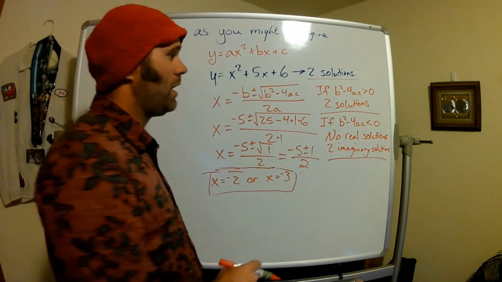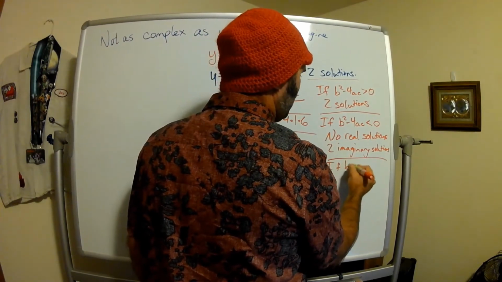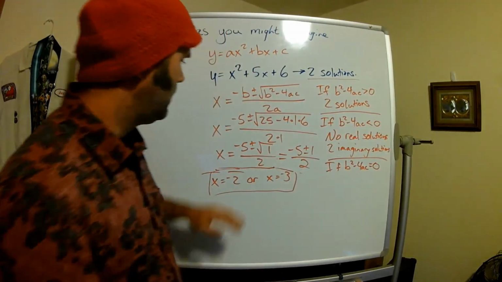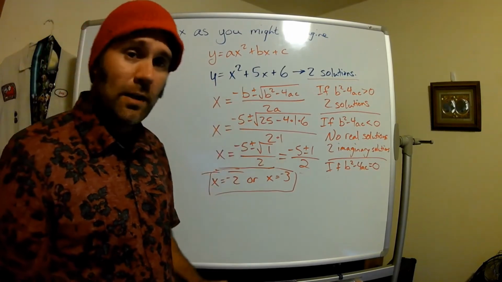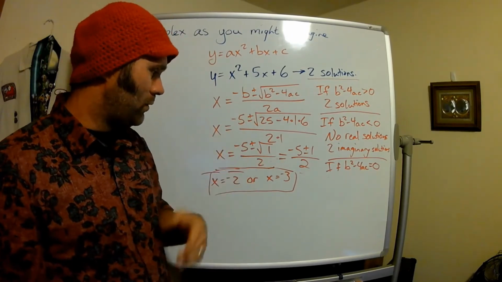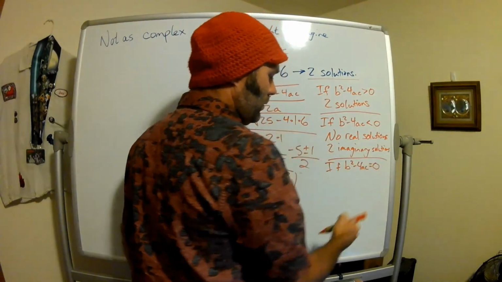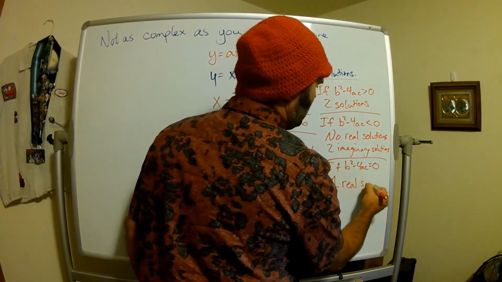And the last one, how can we get just one solution? Well, if b squared minus 4ac equals 0, that would just be gone, so it would be plus or minus nothing. The plus or minus would go away, and we'd be left with negative 5 over 2 as one answer. So if b squared minus 4ac equals 0, then we get one real solution.